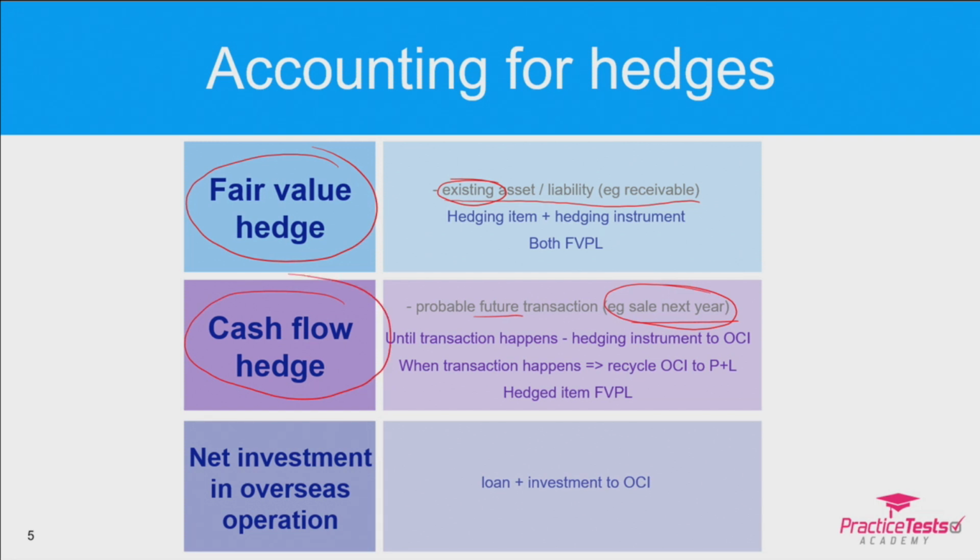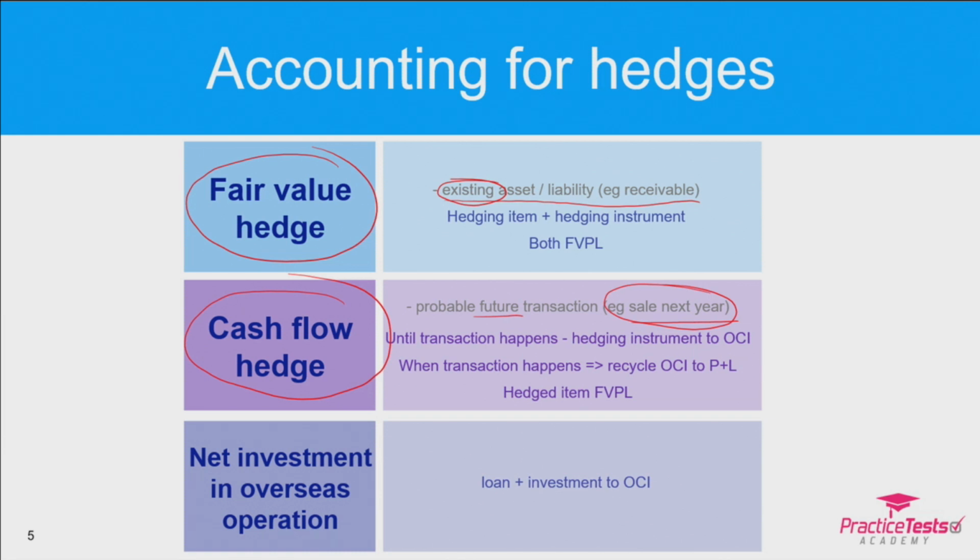Then finally, something a little bit different is if you invest overseas, so you've got an overseas denominated asset, like a business or a factory or something like that, and you take out an overseas loan, so that if the value of the asset shrinks, so does the value of the liability, the loan. That type of a hedge is known as a net investment in overseas operation.